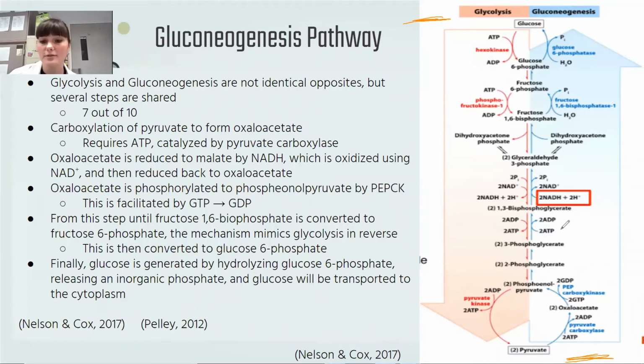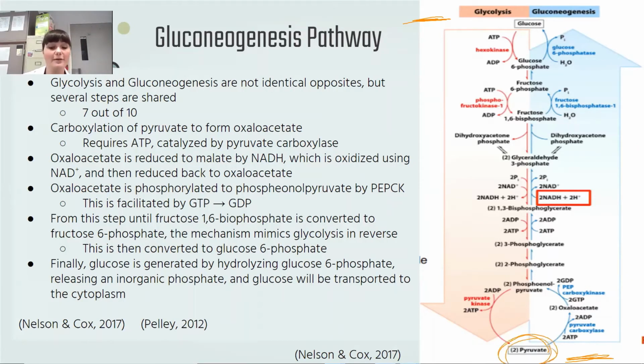And if you look closely, you'll see a lot of similarity, particularly in this middle section here, with about 7 out of 10 of the steps of gluconeogenesis being shared with glycolysis, but again, in reverse. All of those portions of glycolysis that were reversible are pretty much going to be the ones shared with gluconeogenesis.